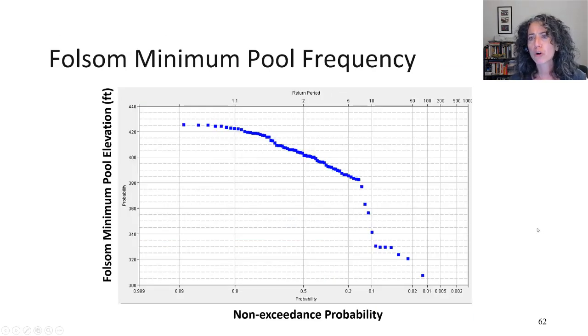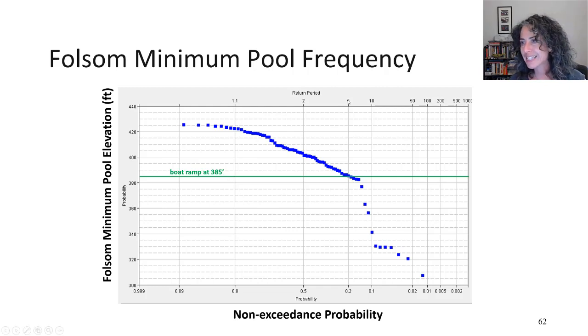For minimum values, we're also interested in something like reservoir stages. So here is annual minimum pool stages on the reservoir on the American River, Folsom Reservoir. So this is the lowest value of each year. And I'm just going to make up some elevations here, but let's say we were interested in a boat ramp that's at 385 feet, and we want an idea of how often that boat ramp is going to be out of the water.